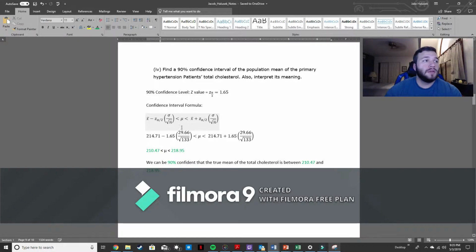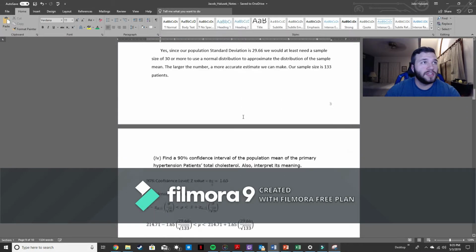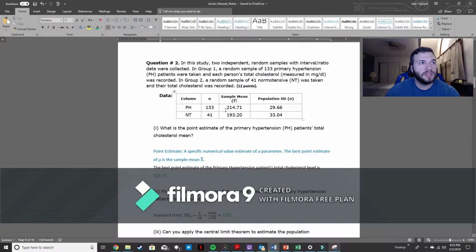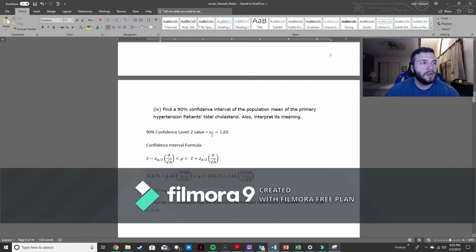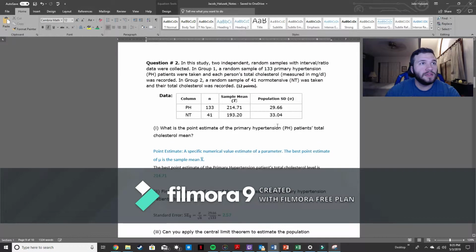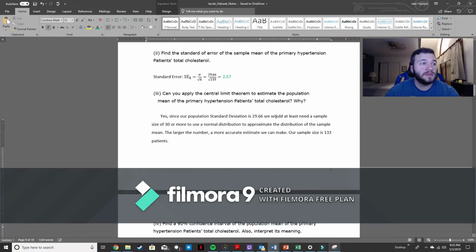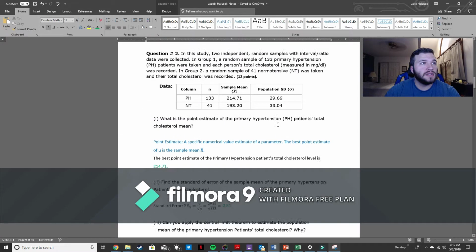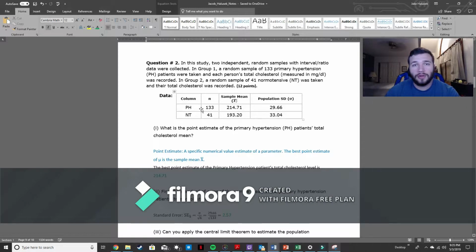Once we plug all of our values into the corresponding variables based off of the information we have before: 214.71 is our sample mean listed right here, 1.65 for our z-value, our standard deviation is given up here as 29.66, and our sample size n is given right here as well, 133.